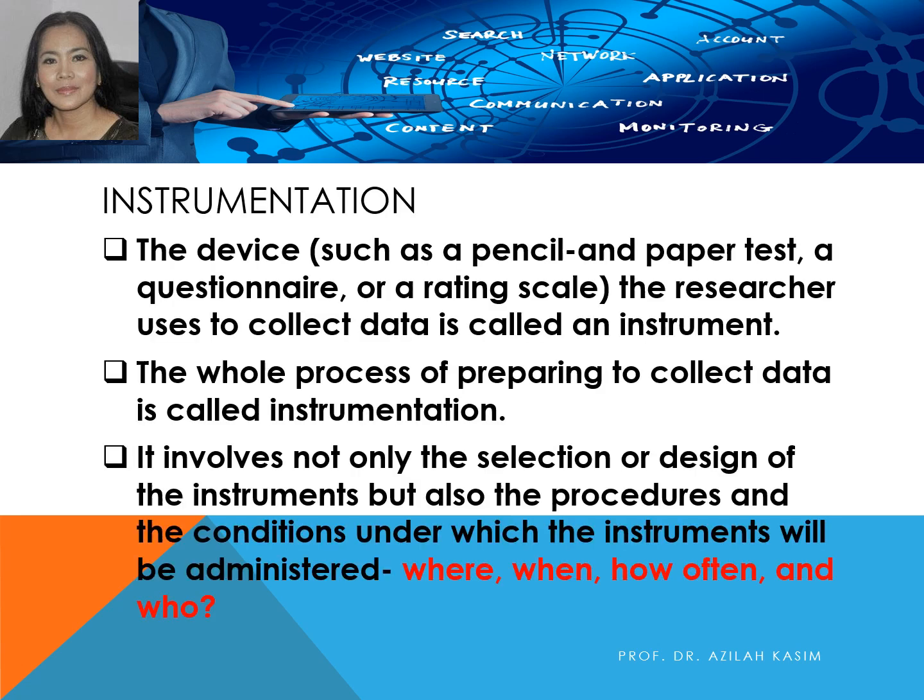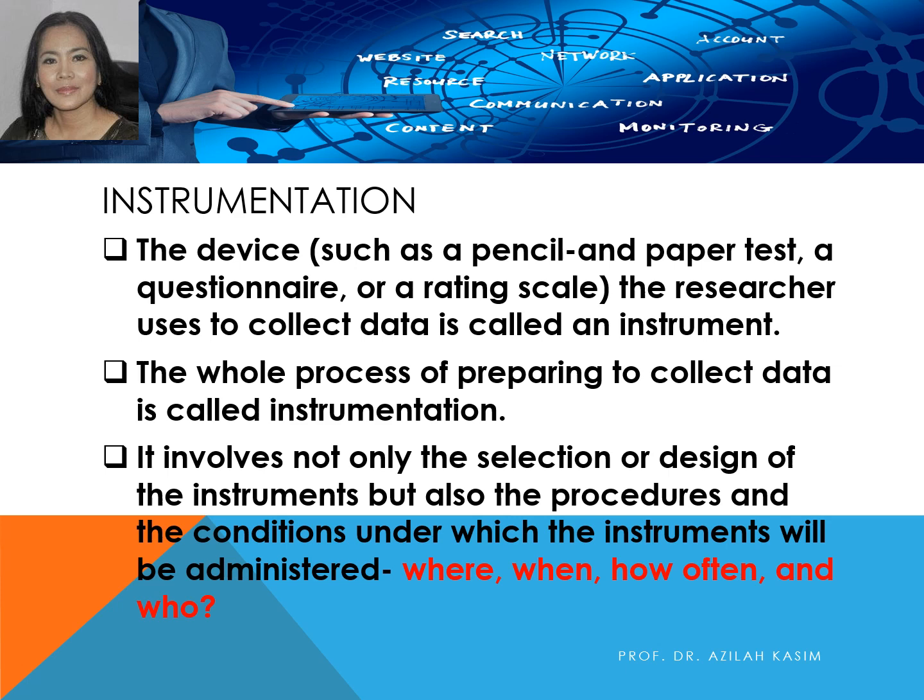In order to collect primary data, we have to have instrumentation. It comes from the word instrument. Instrument means the tool or the platform or the medium that we need to use in order to collect all the information that we need. This can be any kind of questionnaire, rating scale, paper and pencil test, anything that the researcher uses to collect data. These are all called instrument.